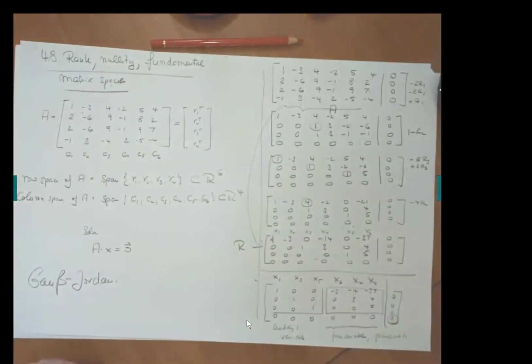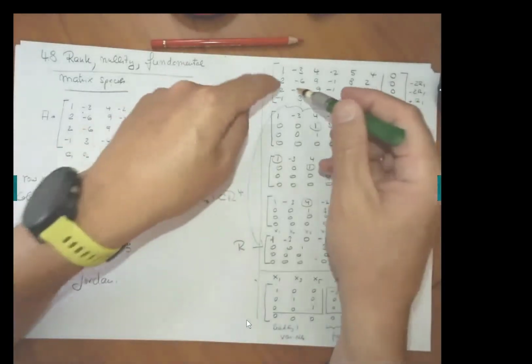But again, what are we actually doing from here to here to here to here? Remember, we can always consider elementary row operations as multiplications from the left with invertible matrices. Whenever you multiply vectors from the left with invertible matrices, independence stays independent.